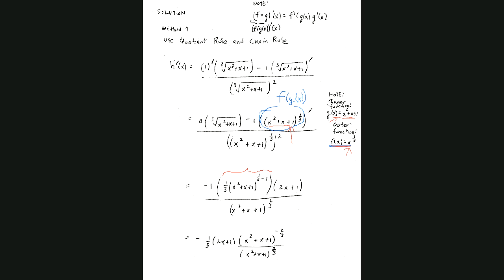This would be f prime, good, of, okay, good participation, f prime of g of x.